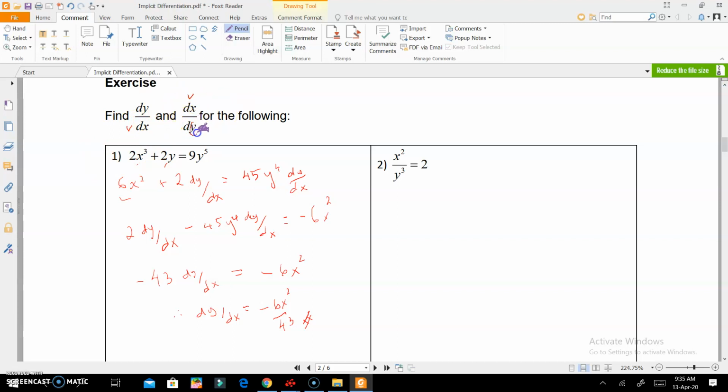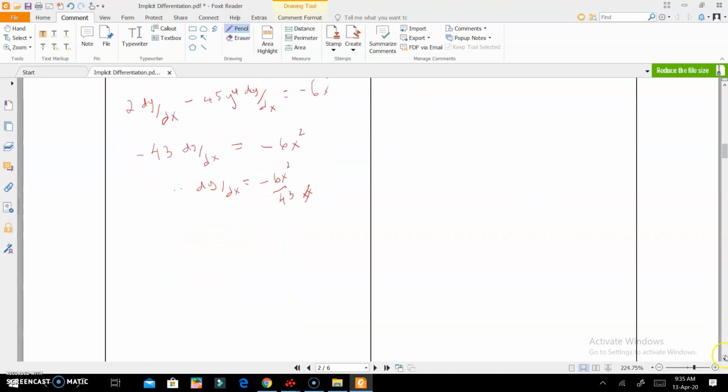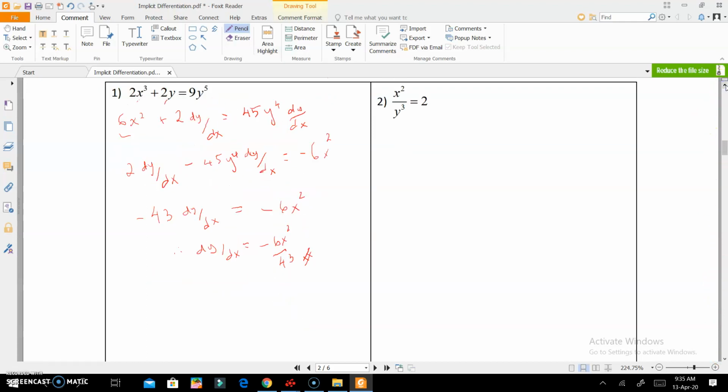So we need to differentiate with respect to y now. Let me put a border there, as we are going to go for another question. Previously it was dy dx, now we need to find what dx over dy equals.